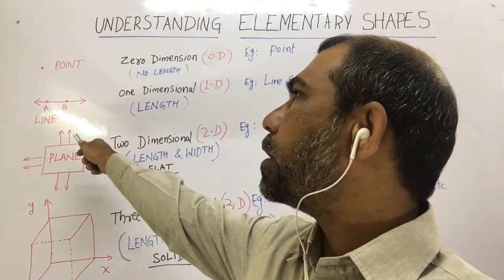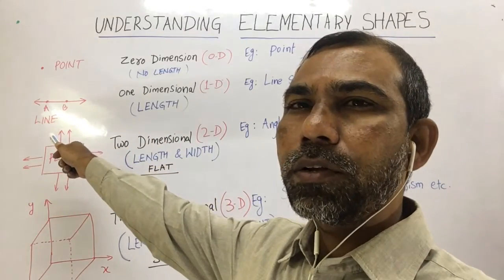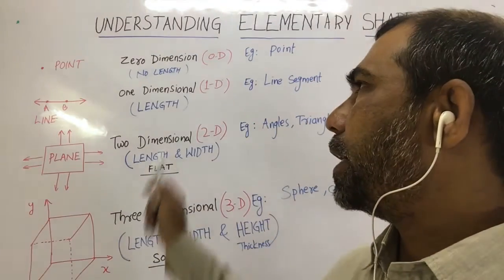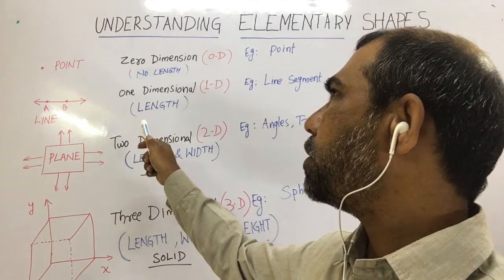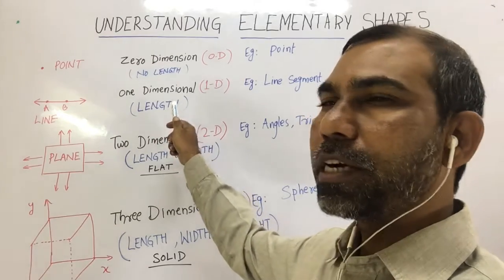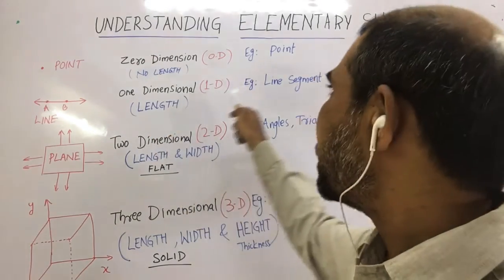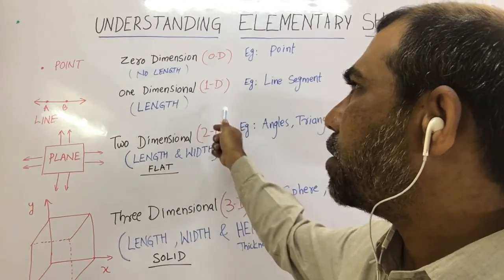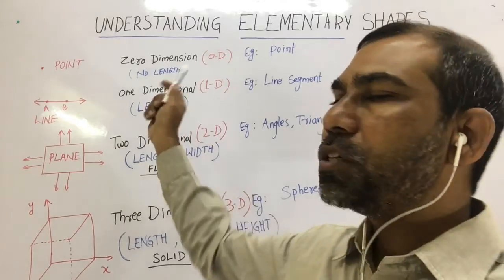It can be assumed to be a line segment, and that line segment or line will have only one dimension, that is length. You can say the line segment or line is an example of a one-dimensional shape.